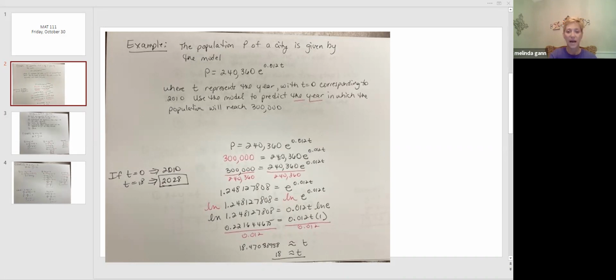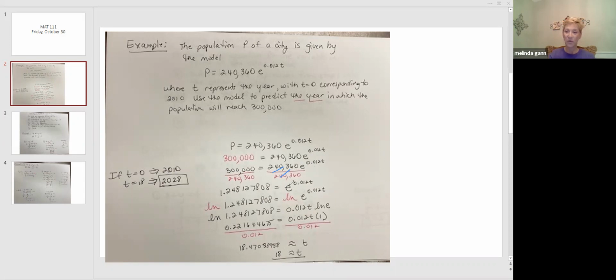So I divided this side by 240,360 and divided that side by the same number. So you know that means that one and that one are going to divide out. And that's just going to leave me e to the 0.012t on this side. And I took the calculator and just said 300,000 divided by that number. And that's what was on my screen. Okay, so now my variable's isolated.